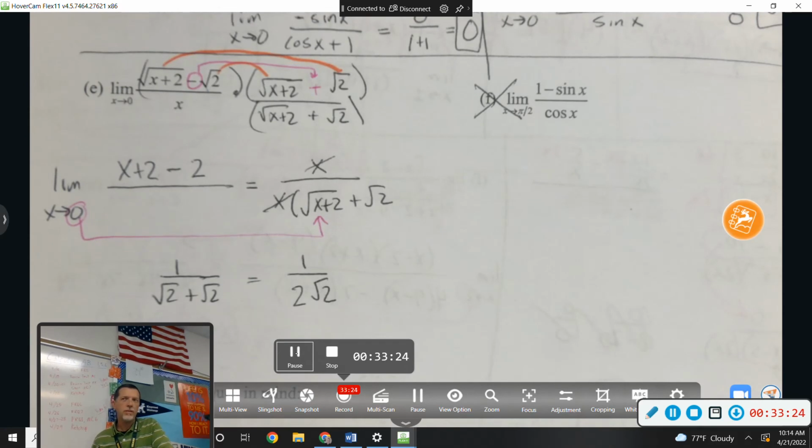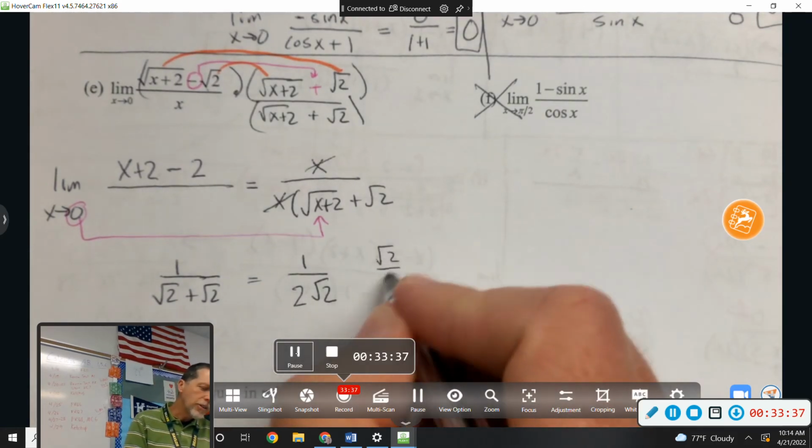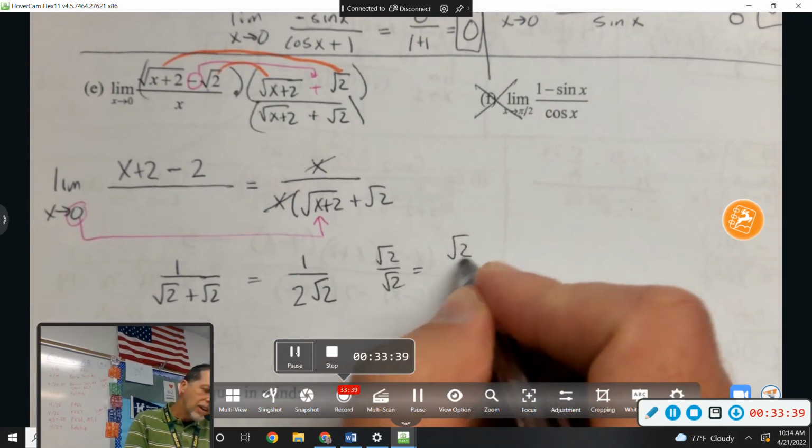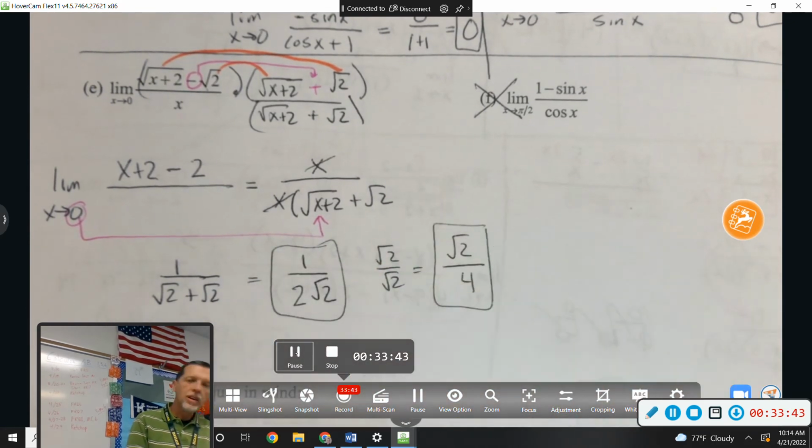You don't have to fix them in calculus. But this isn't calculus. Well, the course isn't calculus, but this topic is calculus. So you can leave it alone, or if it really bothers you, you can fix it. Square root of 2 over 4. We would accept either answer. It'd be fine.